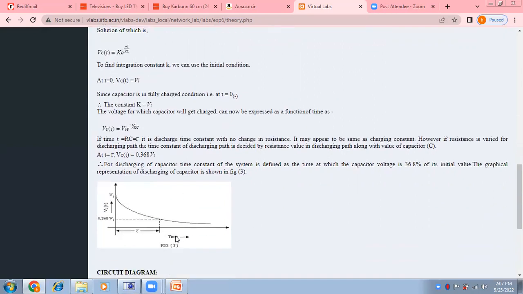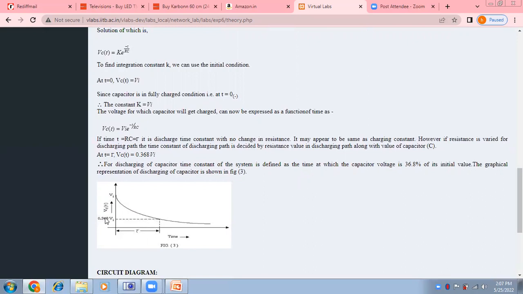So for the discharging of a capacitor, the time constant can be defined as the time at which the capacitor voltage is 36.8% of its initial value.